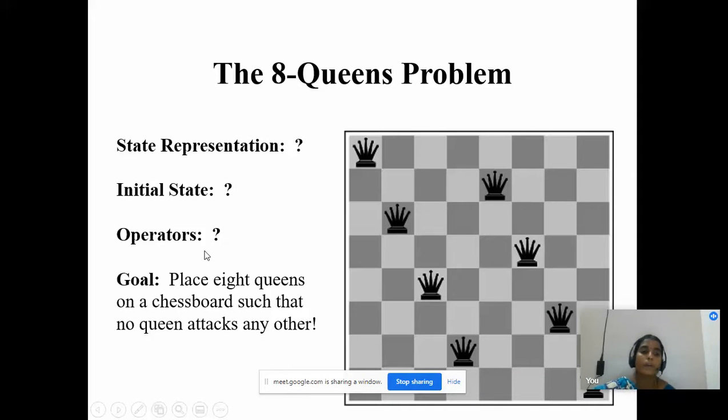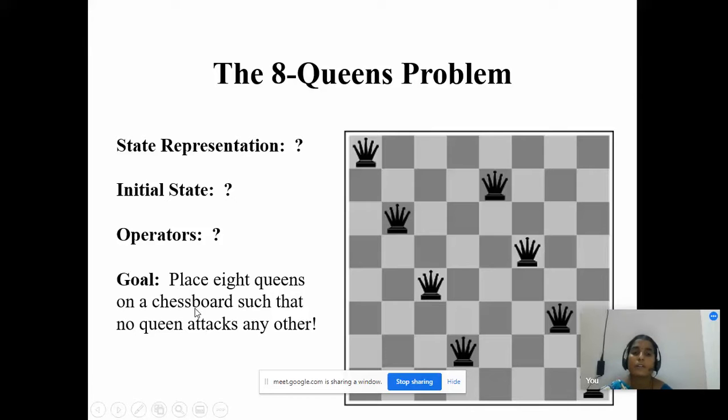And what are the operators now? What are the rules when we play chess with the queen? We can move the queen horizontally, vertically or diagonally.